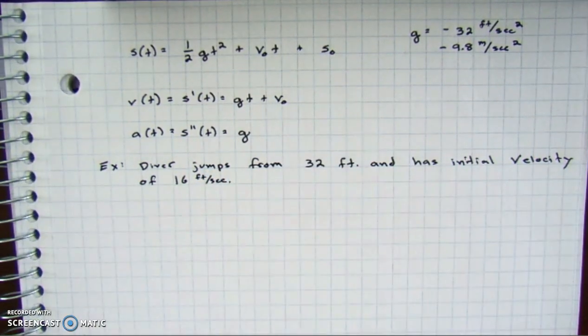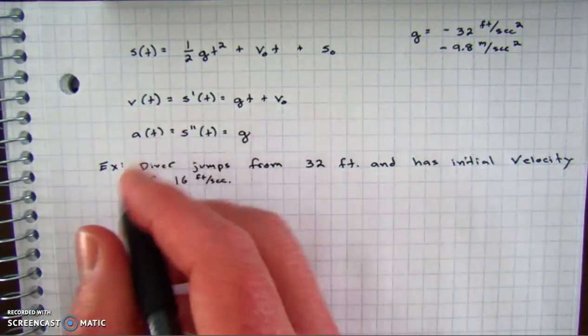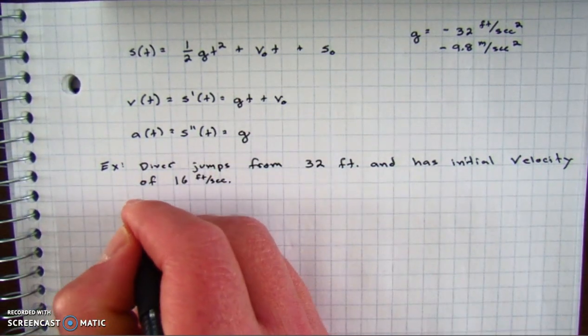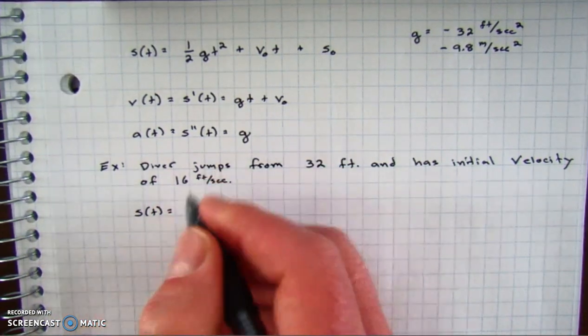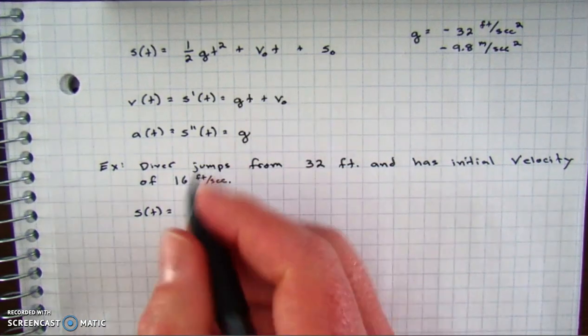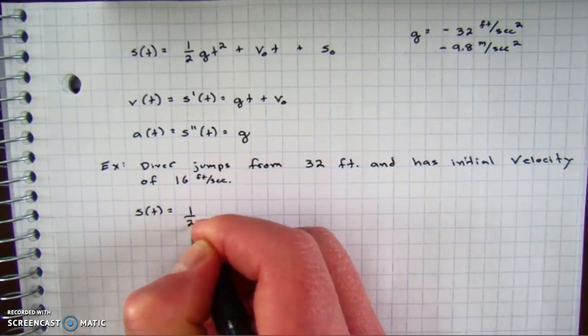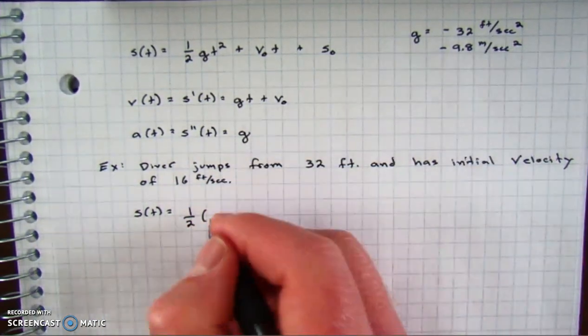So let's go ahead and model this, and then we'll look at a few equations that we can use to find some interesting stuff out about this. Let's plug this into our s of t equation. So 1/2 g, we'll use feet.